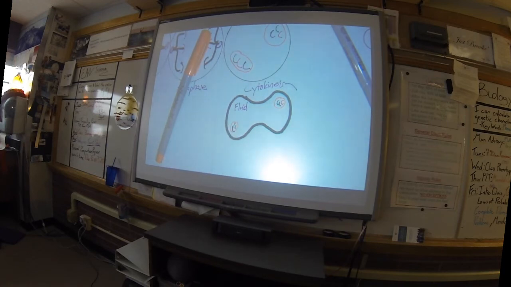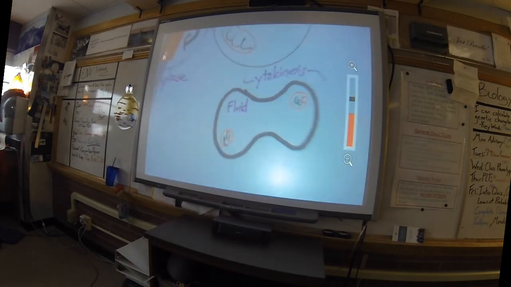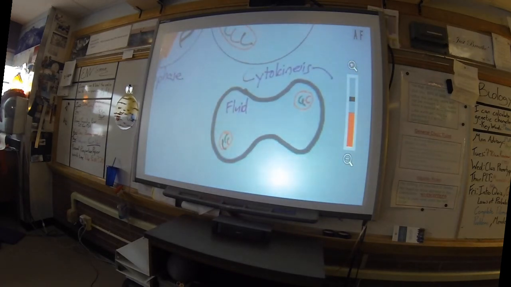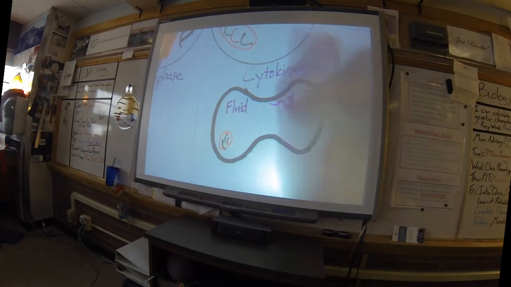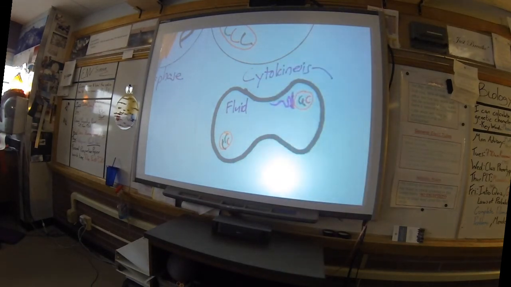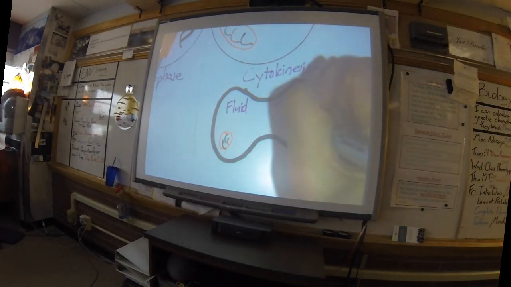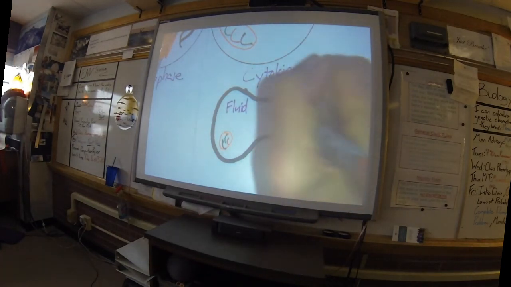Now, you can't just think that it's just fluid and the DNA. We also have all these other wonderful organelles inside that we talked about and studied. Right next to the nucleus, you might remember, is where we have our endoplasmic reticulum. We have the rough ER up here, and then we have smooth ER over here. Then we have the Golgi apparatus over here. We're going to have some mitochondria over here, the powerhouse of the cell.